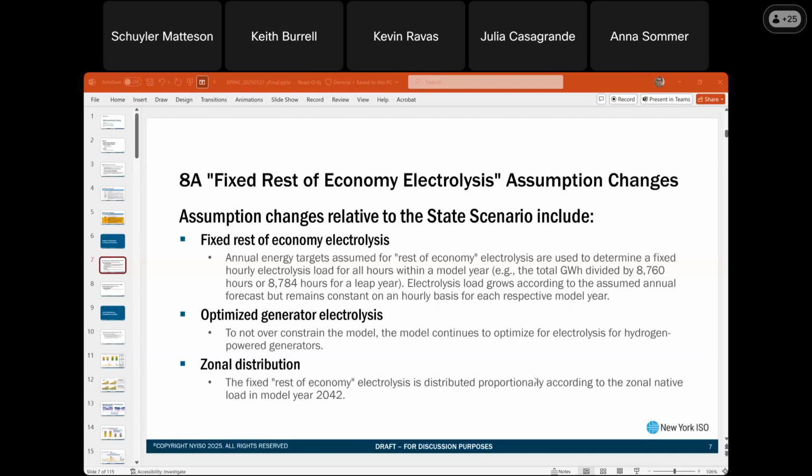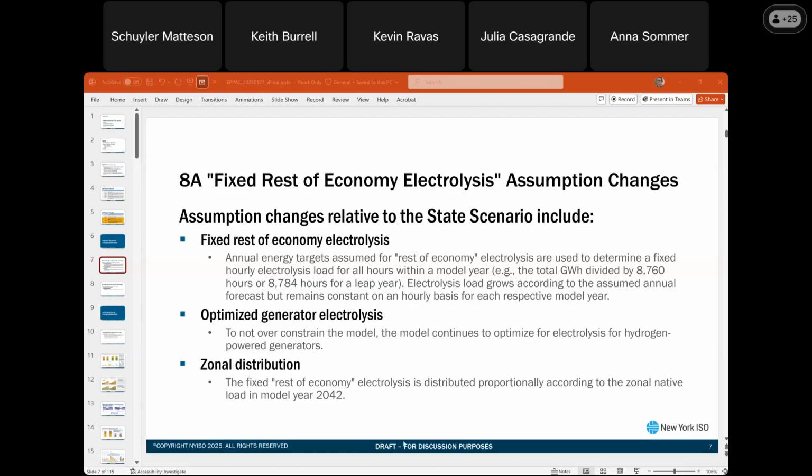And then finally, there's a little bit of a zonal distribution element here as well. In the state scenario, the model optimized and made the decision on where the electrolysis load was being served. And just as a reminder, that was limited to zones A through E. So the model could pick anywhere within those zones to place the electrolysis load.